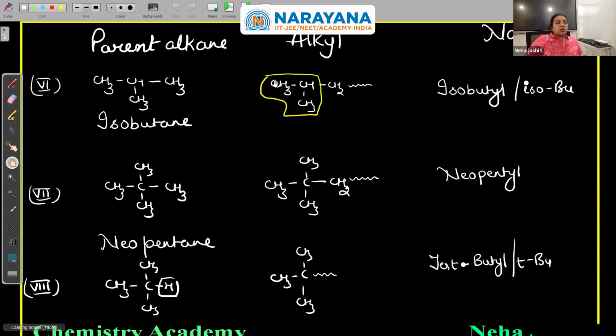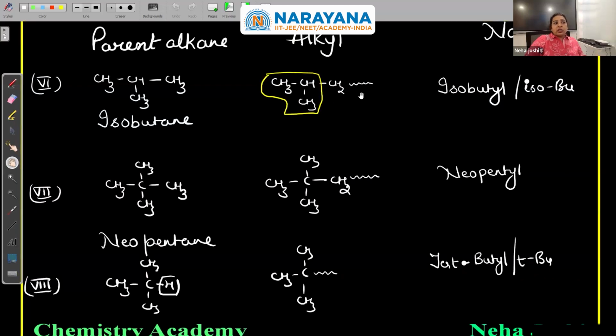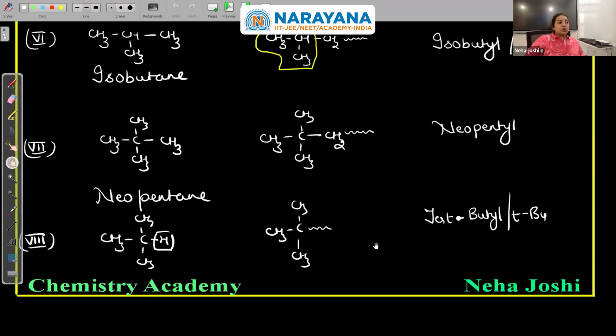Okay. Going further, if you have isobutane, then you use the word isobutyl if you have a substituent located at CH3, any of the primary carbons. If you remove the H from this center, then you call it tert butyl. What do you call it? Tert butyl.